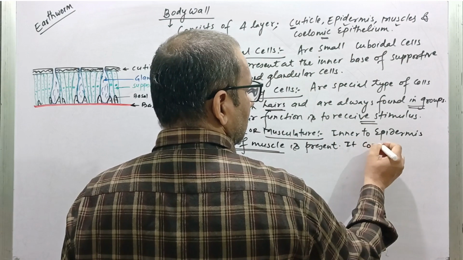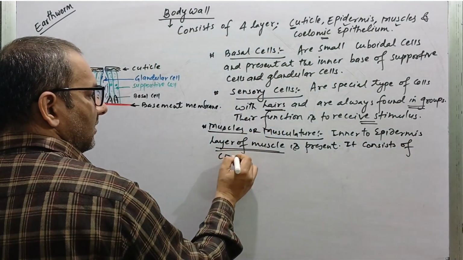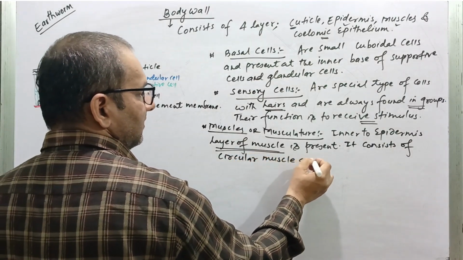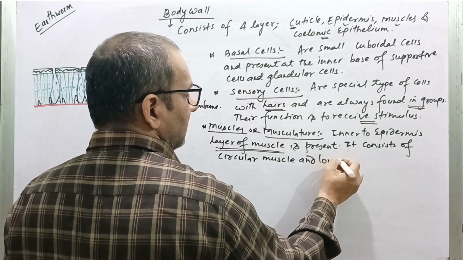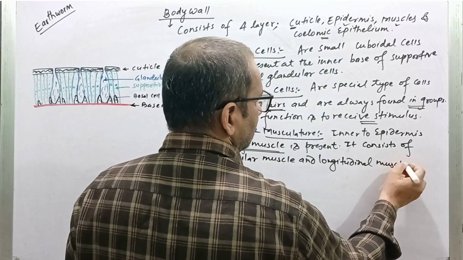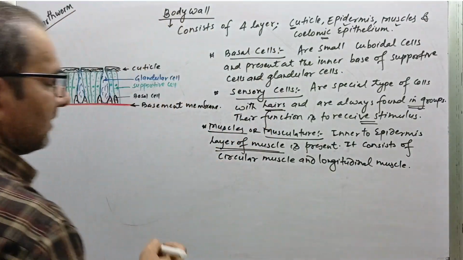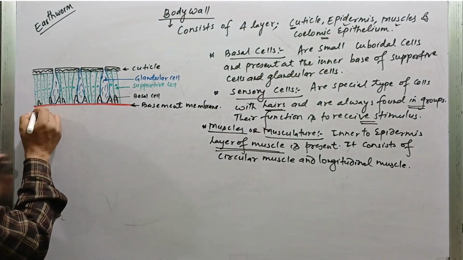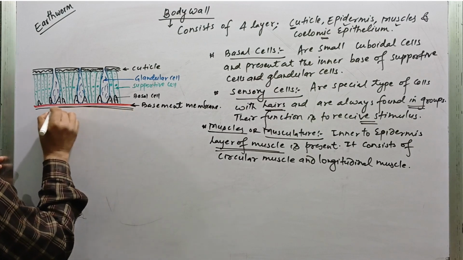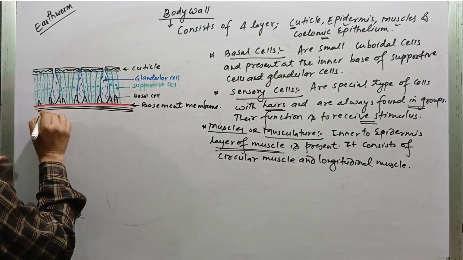It consists of circular muscle and longitudinal muscle. The circular muscle forms the outer layer. Let us draw it here. Circular muscle means the muscle which extends around the body.